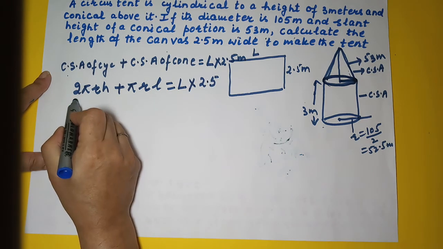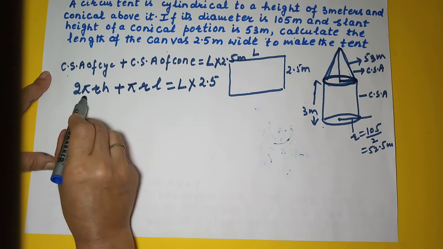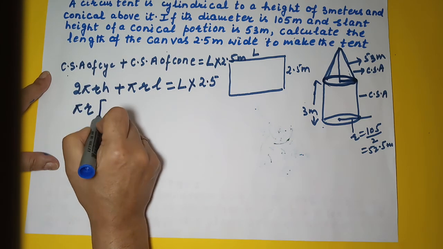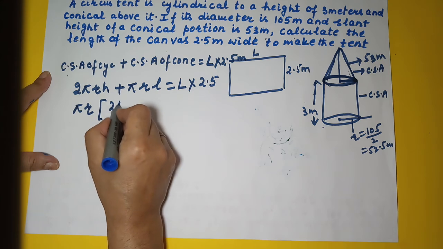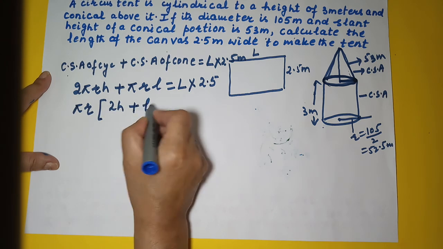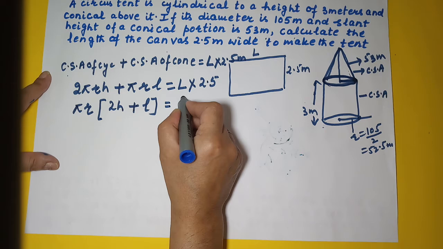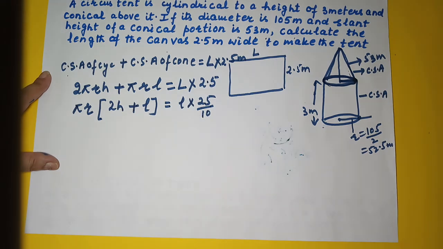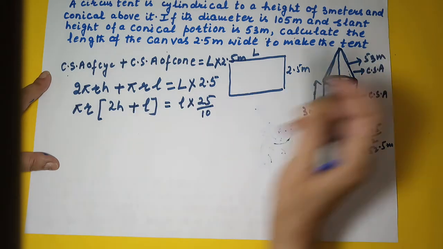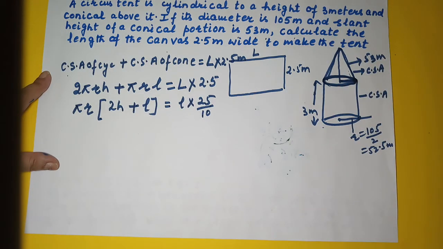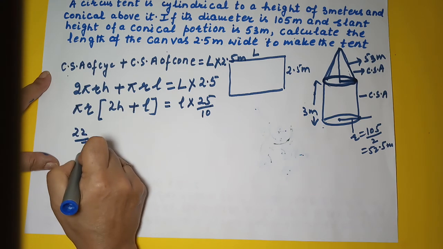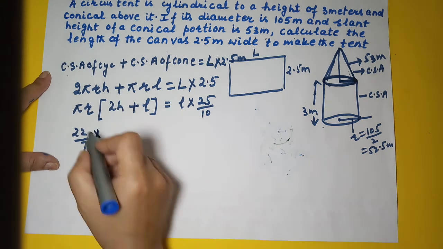Now what I can do is take pi and R common here. So I am left with 2H plus L, and that is equal to L into 25 by 10, right? Now, there is no mention of pi to be taken as 3.14, so I will take pi here as 22 by 7.